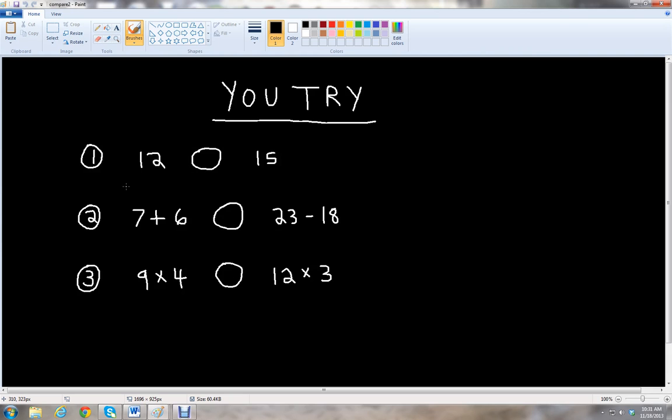So for 1, we're comparing the two numbers 12 and 15. For 2, we're comparing the two values 7 plus 6 and 23 minus 18. And then number 3, we have 9 times 4, and we're comparing that to 12 times 3.